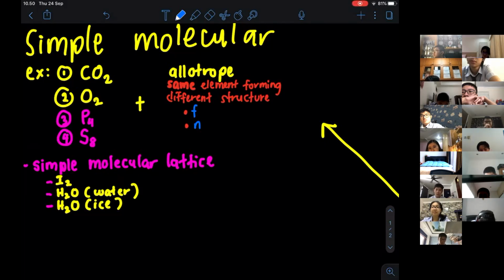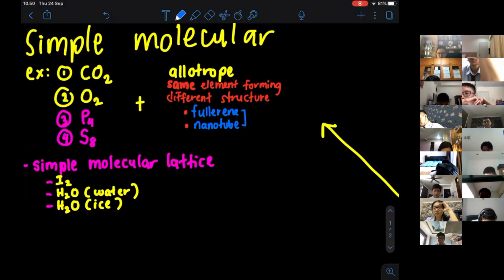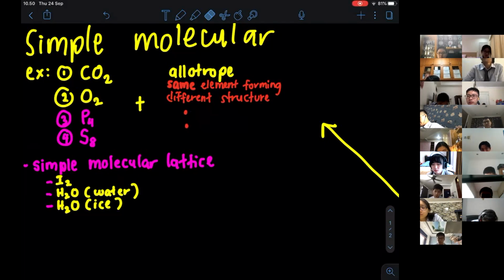So this one is going to be fullerene, and this one is going to be nanotube. Or to be exact, both of them are fullerene. If I erase this, I think it is better to say both of them are fullerene.